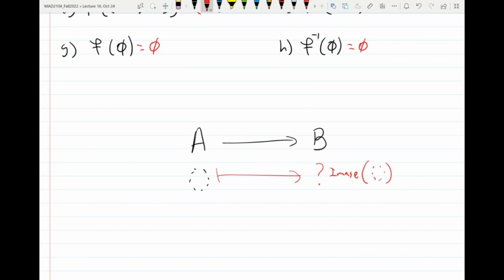Now, sometimes you have something going on over here, and you're wondering, this guy is coming from what? These elements in here, where are they coming from? In A. So if you want to return back to the domain, that's what inverse image does.